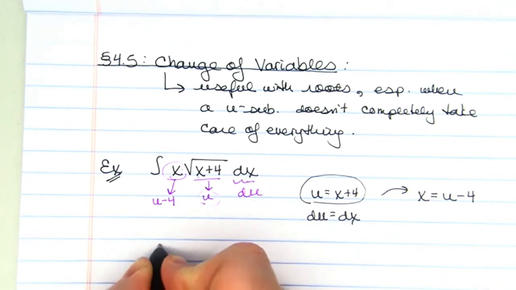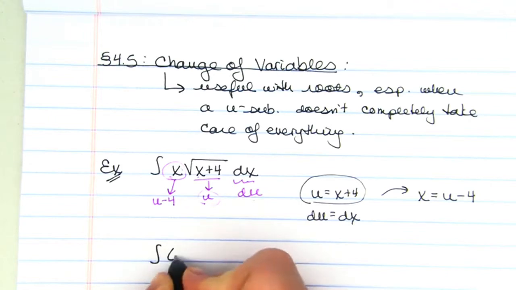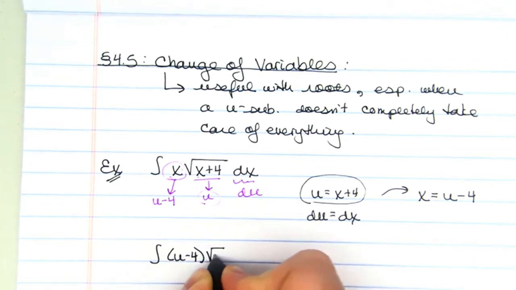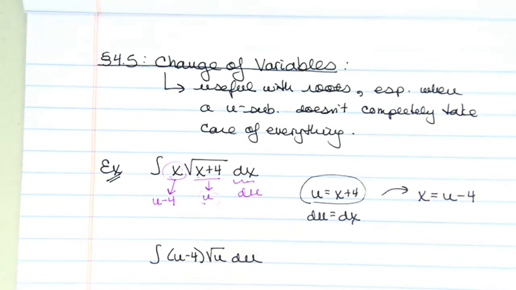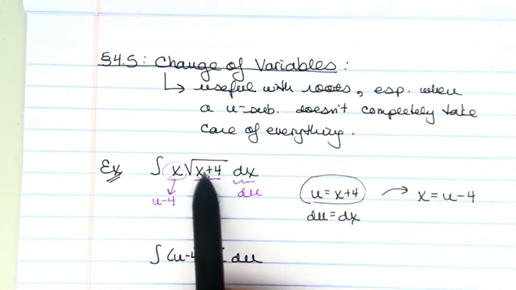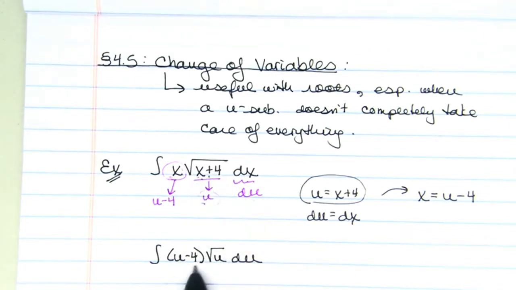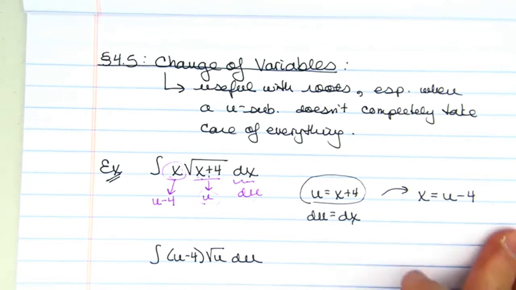Rewriting this problem, I now get the integral of u minus 4 times the square root of u du. And the point is, this substitution let me move my sum that was underneath the root into something outside the root, actually a difference outside the root. And even though this still looks ugly, it's actually going to be a lot better. Because now I can use some algebra to rewrite this.